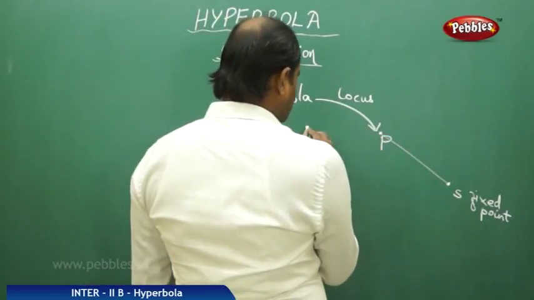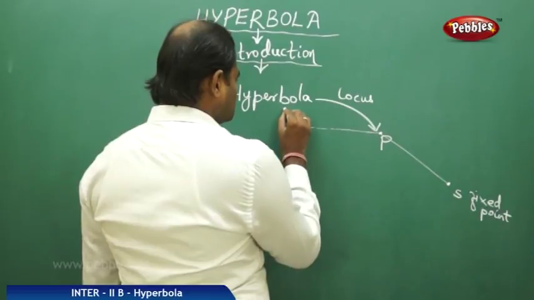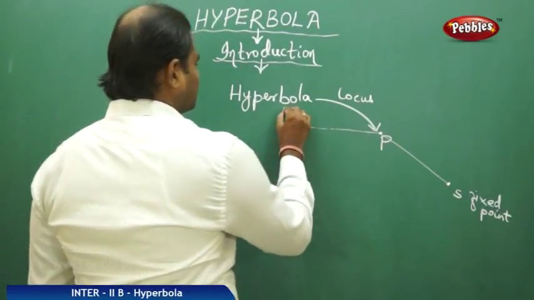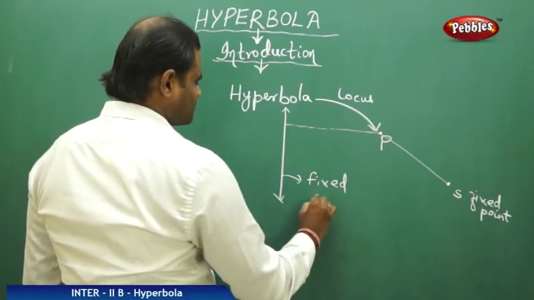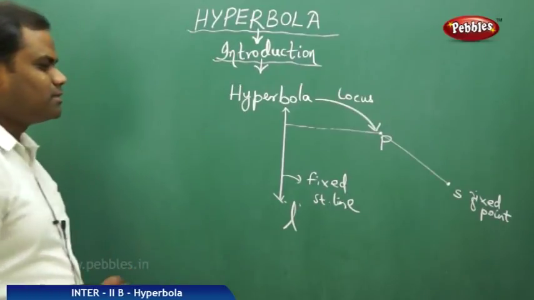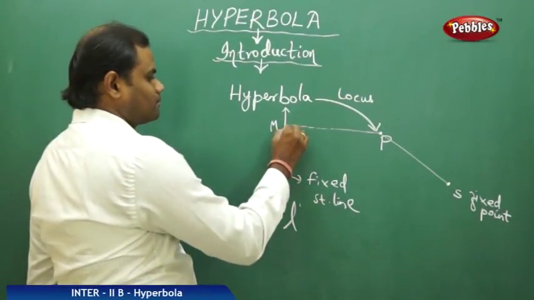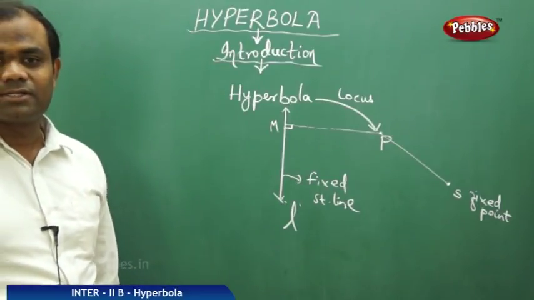That is, if I take the perpendicular distance from P to the fixed straight line L, then we say that the locus is a hyperbola.